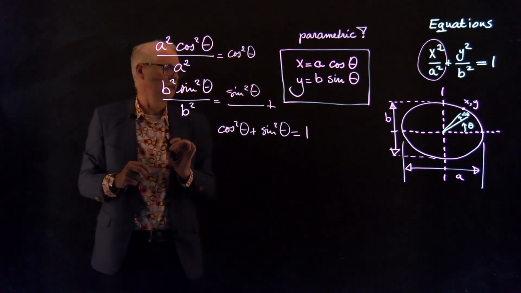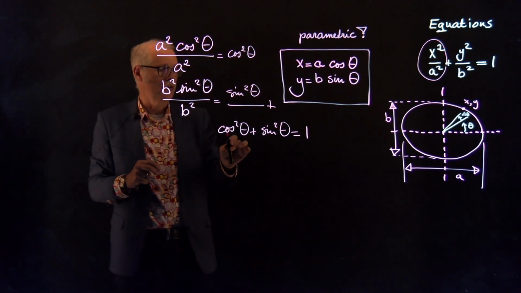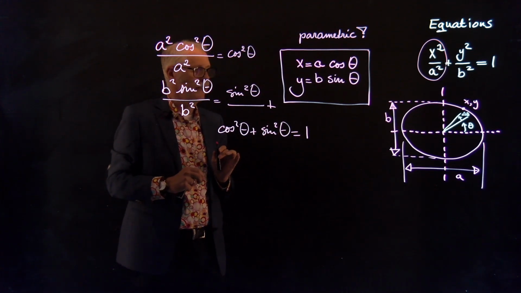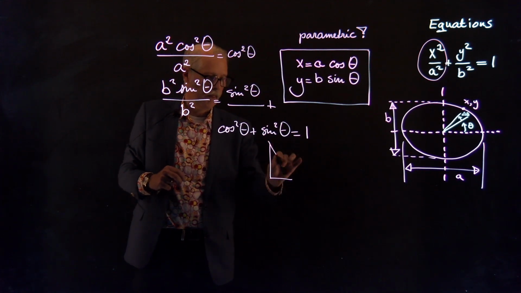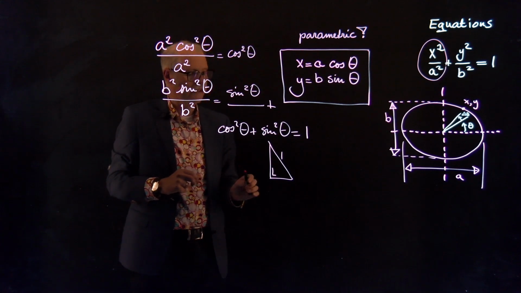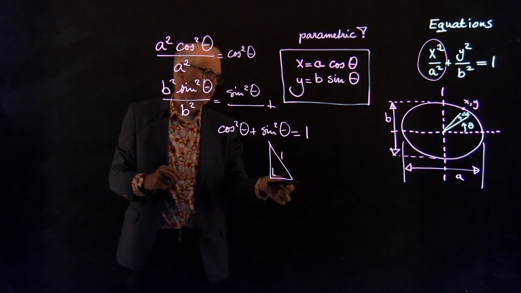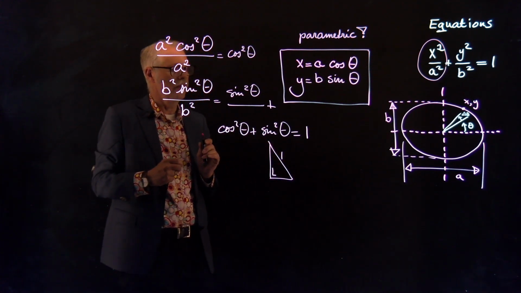And this is a well-known trigonometric property. The sum of squares of cosine and sine equals 1. Essentially, it's Pythagoras' law in a little triangle where you take the hypotenuse to be 1. Then this just equals the sine, this just equals the cosine, and together, if you square them, they are 1.